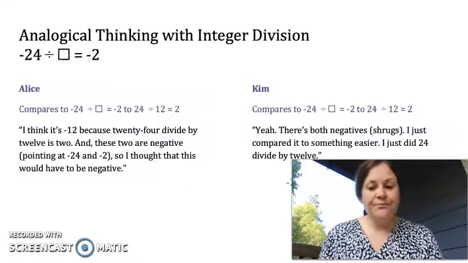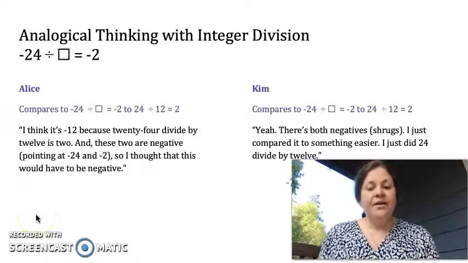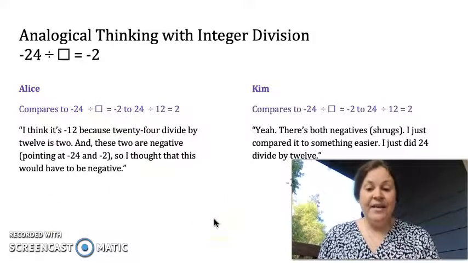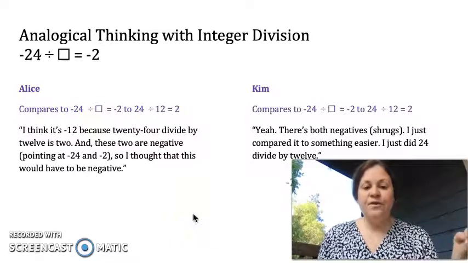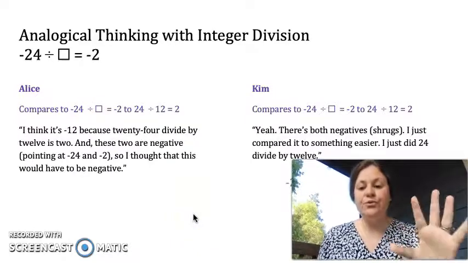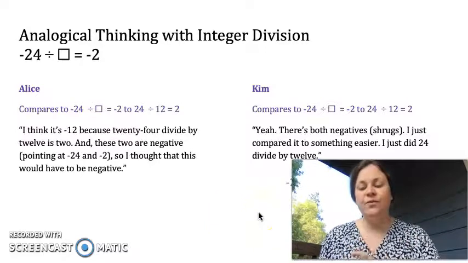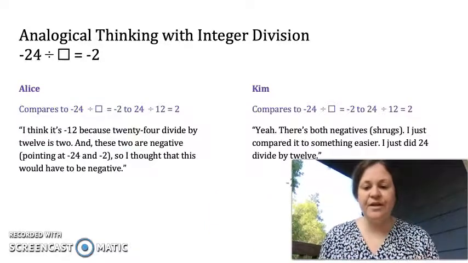All right, so for -24 divided by box equals -2, both Alice and Kim make analogies to a positive division number sentence, 24 divided by 12, and their transcripts are here.